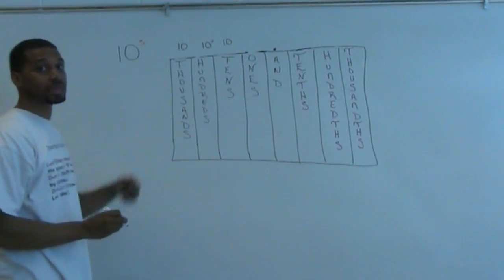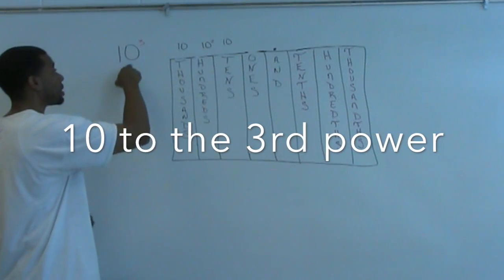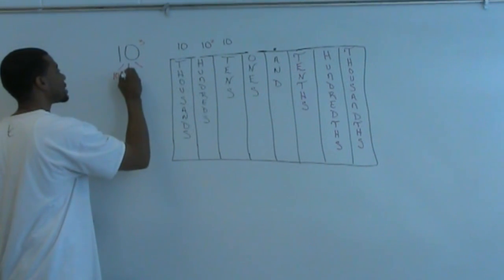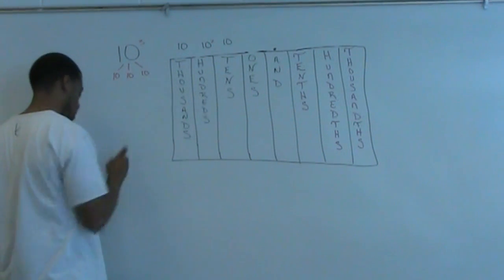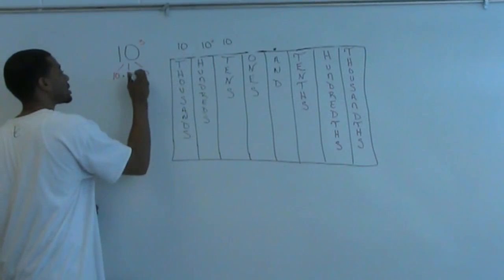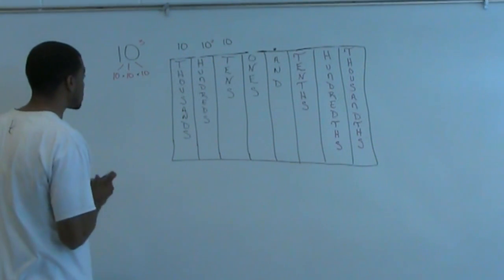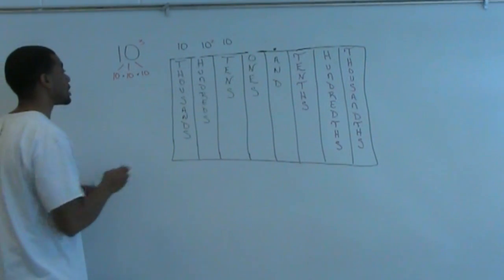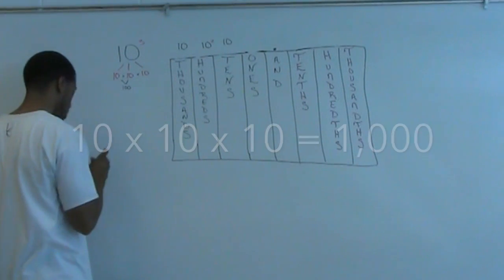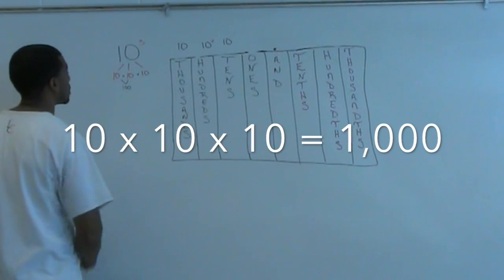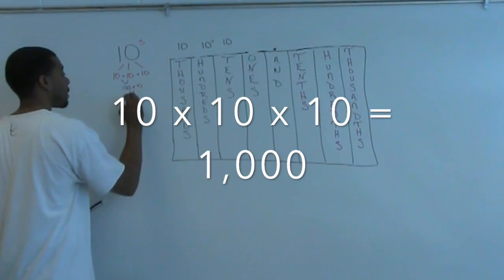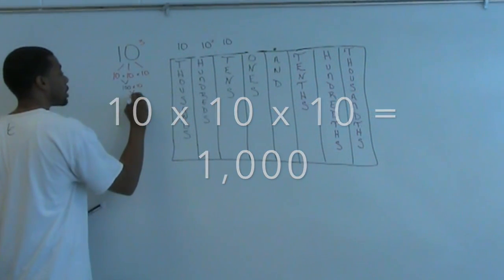Now I have 10 to the third power, which means I'm going to repeat my base 3 times. My base again is 10. So that means 10 times 10 times 10. We just discovered that 10 times 10 is 100, and then 100 times 10 will give me 1,000.